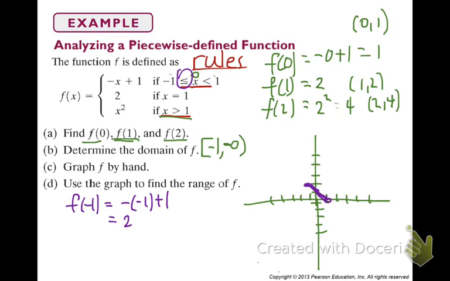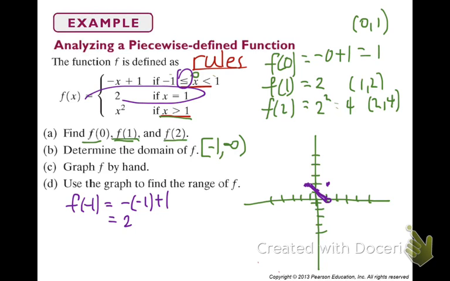Okay, now let's do the 2. So we're really restricted: when x equals 1, y equals 2. So you're just going to have that point, and that's going to be closed. And that's all we can do with that one. I know, it looks funny, right?